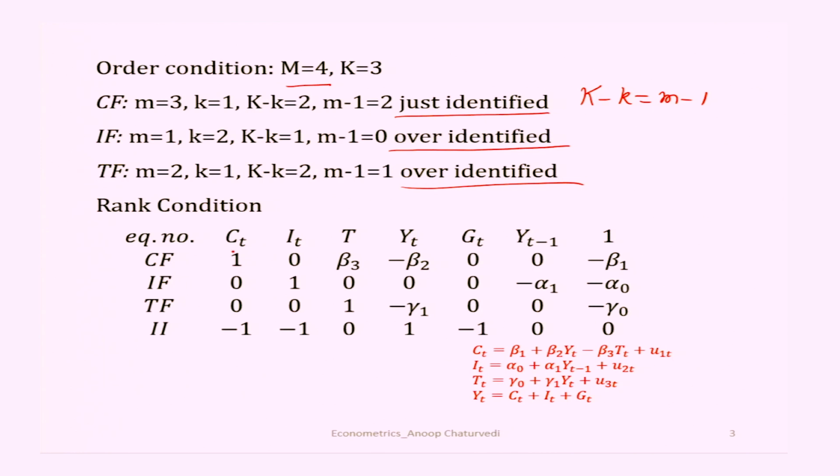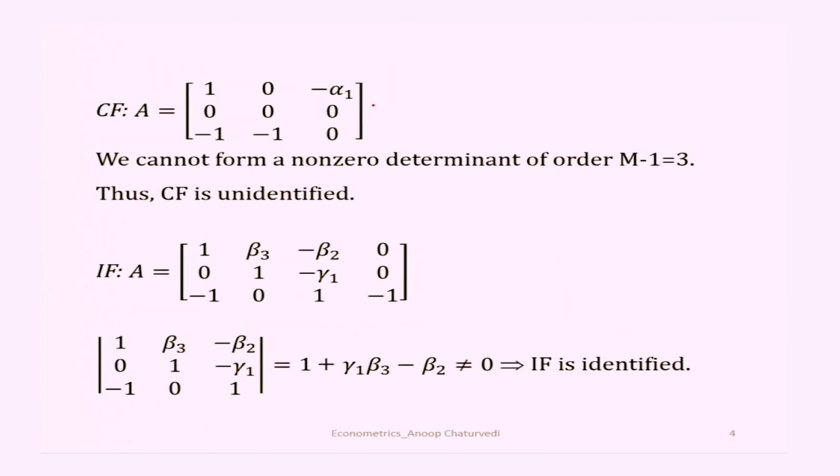We delete the columns corresponding to the non-zero coefficients, this column and this column. Then we delete the first row. The remaining matrix is 1 0 minus 1, 0 0 minus 1, minus alpha 1 0 0. So, you get this matrix.